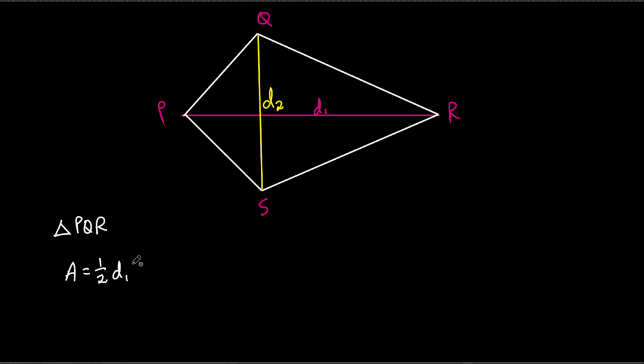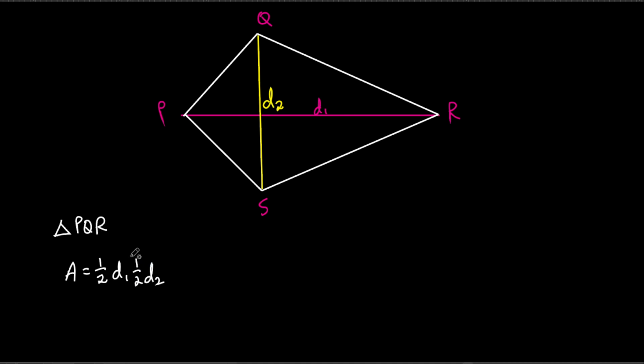Now, here's the tricky part. What is the height of triangle PQR? 1/2 D2. Exactly right. D2 is this whole thing, isn't it? The height is just from Q down to this point right here. So that's half of D2. So I'll just put it right here: half of D2. That's the area of triangle PQR.